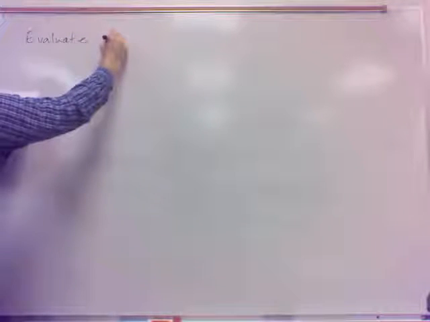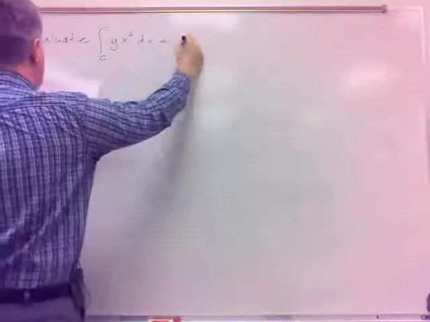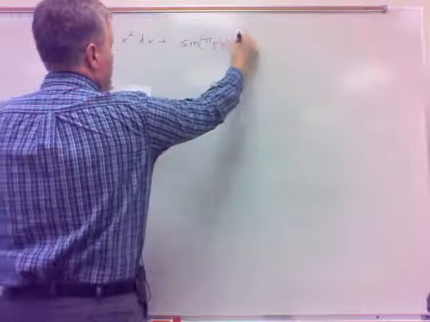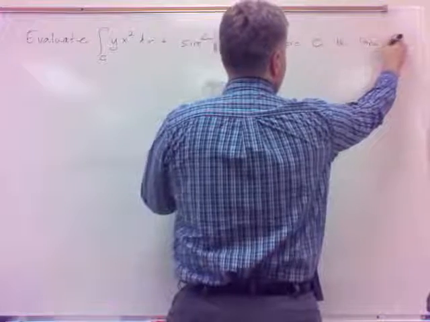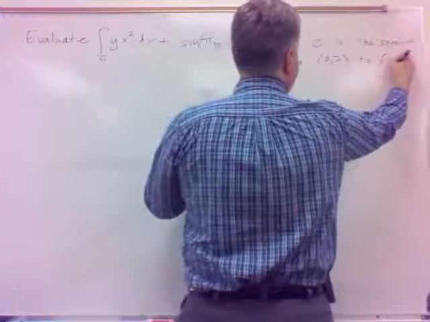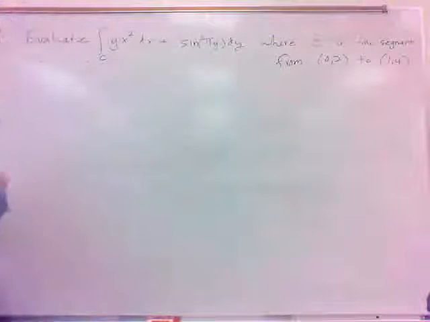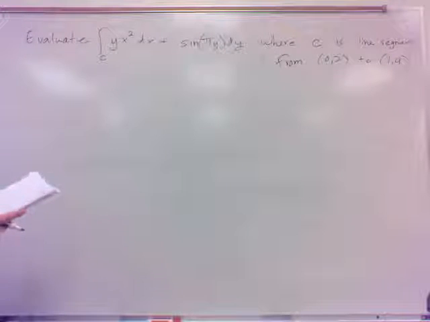All right, so let's evaluate the integral over C of y x squared dx plus sine pi y dy, where C is the line segment from 0, 2 to 1, 4.